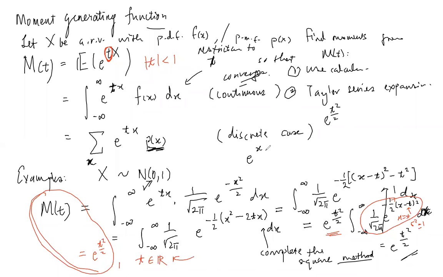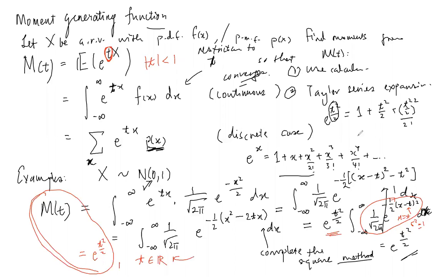You recall the Maclaurin series, which is a special case of the Taylor series, of the exponential function. Therefore, thinking of t^2/2 as one whole thing, this will be 1 plus t^2/2 plus (t^2/2)^2 over 2 factorial plus (t^2/2)^3 over 3 factorial and so on.